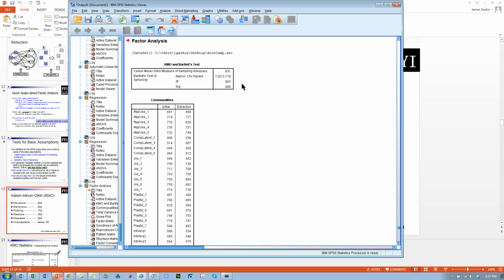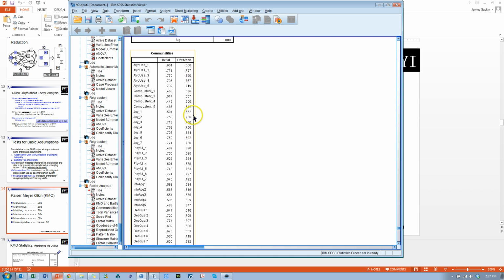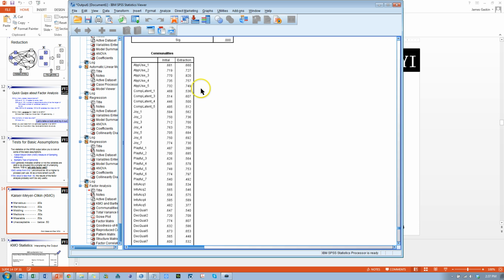We can do it. The communalities table, if you look at the extraction column, we want things above 0.4, ideally, above 0.3 if we have to. What this is, is how well does this one item correlate with everything else? If it's not correlating with anything, then it's not going to fit into a factor very well. So we look down here, let's see.